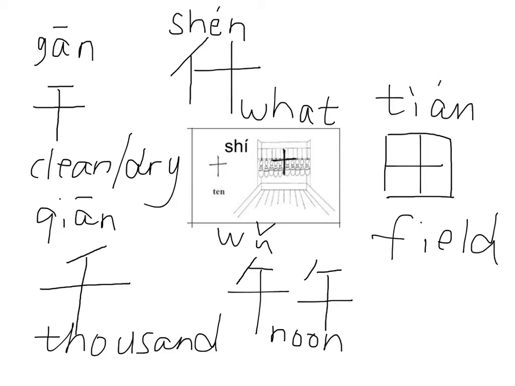Field. 田. Also the same, the stroke order was wrong, and you should write this way: 竖, 横, 竖, 横, 竖. You close the door after everybody goes inside the house and close the door. 横. So that's 田.